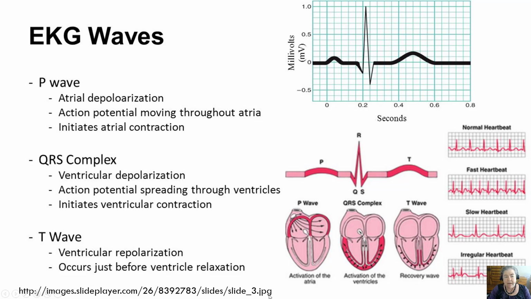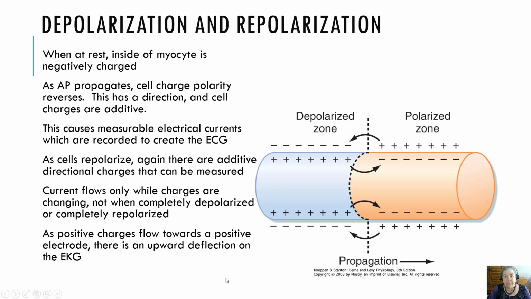Okay. So as with all cells where there's electrical activity, cardiac myocytes have a negative charge under normal circumstances at rest on the inside of the cell membrane. When an action potential is propagating, these charges reverse.